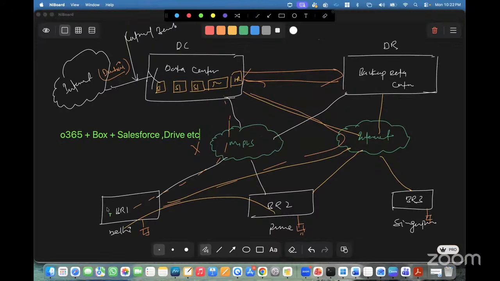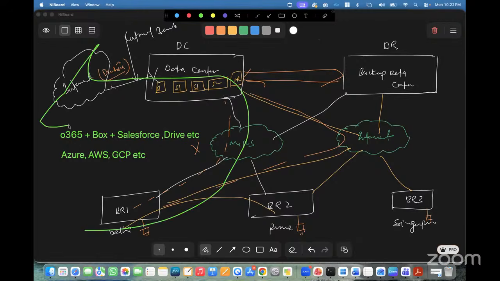For all kinds of connectivity, you have to go in Azure cloud to access the IDP servers. You go in the AWS services to host any firewalls, any kind of connectivity. You go for the GCP cloud as well, for connectivity, etc. So all your traffic might be backhauling through your branch location. The traffic is always going to backhaul this way to go to the cloud, or any location.